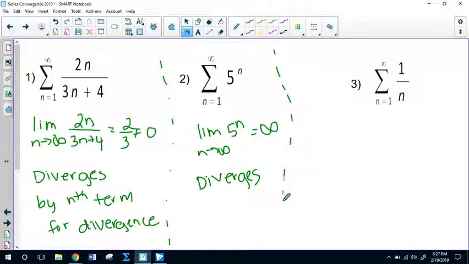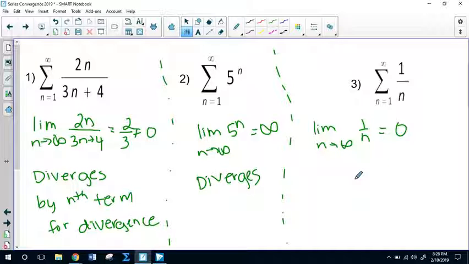Okay. This one here is one of our favorites because we learned this one in the last chapter, but we did it with integration. 1 over n is the same kind of function as 1 over x, and it has the same issues as 1 over x does, but unfortunately, our nth term test for divergence does not work on this problem. So if you were to take the limit as n approaches infinity of 1 over n, this limit equals 0.